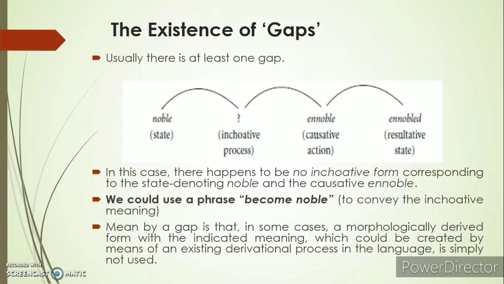We could use a phrase, become noble, to convey the inchoative meaning. By a gap we mean that, in some cases, a morphologically derived form with the inchoative meaning, which could be created by means of an existing derivational process in the language, is simply not used.